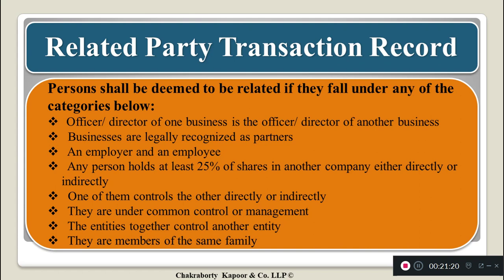If one of them controls the other directly or indirectly, they shall be considered related parties. They are under common control or management, or the entities together control another entity, or they are members of the same family, they are considered related parties.